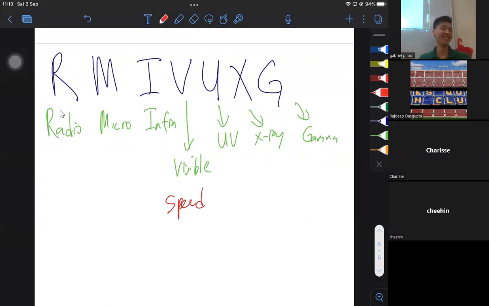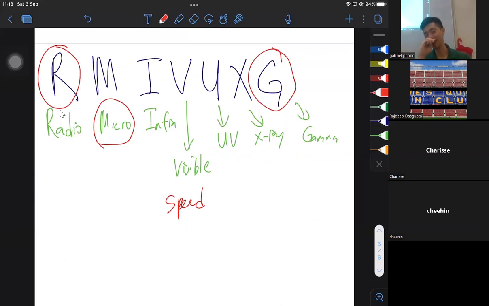Tell me. Microwave? Why micro? Shouldn't the fastest be either this one or this one here instead? Shen, what do you think? Which one do you think is the fastest? Gamma ray? Okay, good. Because it's the furthest one, right?